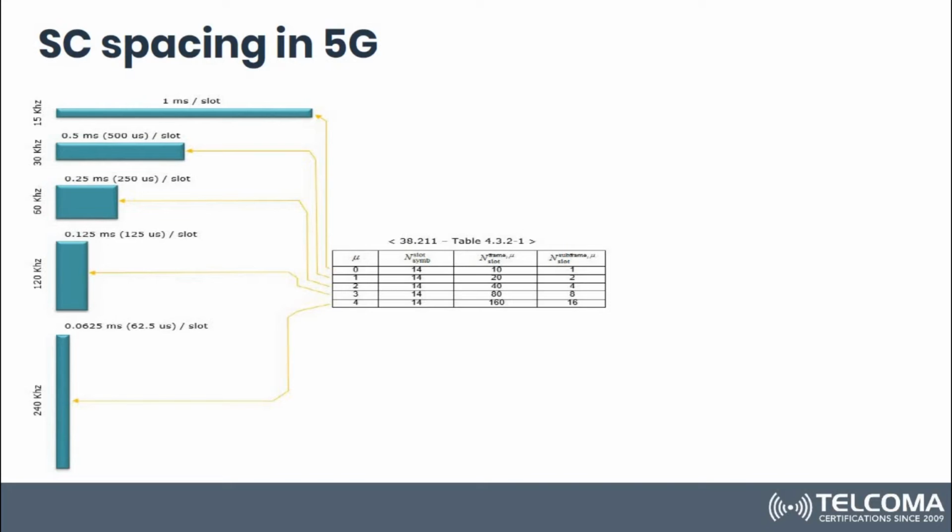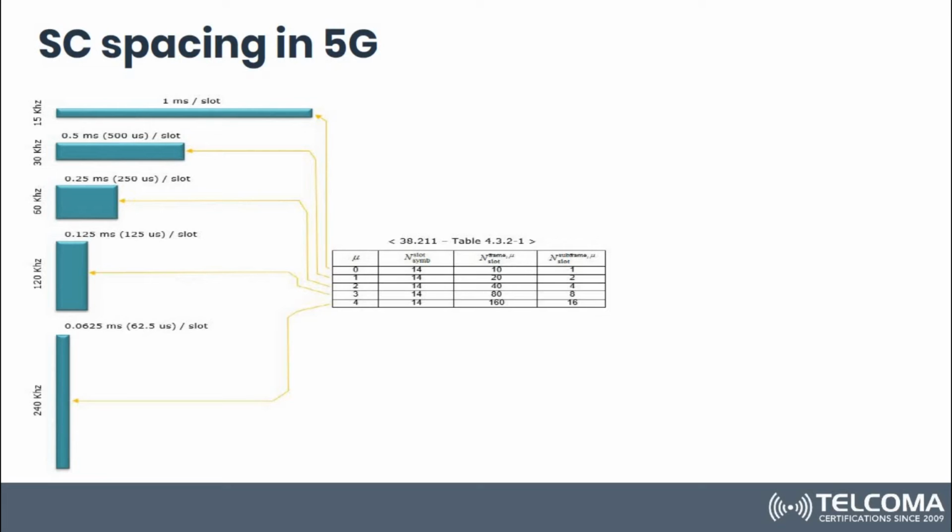But as we go higher in the configuration from 15 kilohertz to 240 kilohertz subcarrier spacing, the slot size decreases, and latency requirements can be met through these small slot sizes. From 15 kilohertz to 30 kilohertz, the slot size came from 1 millisecond to 0.5 millisecond, and then again half to 0.25 millisecond, and it keeps decreasing.